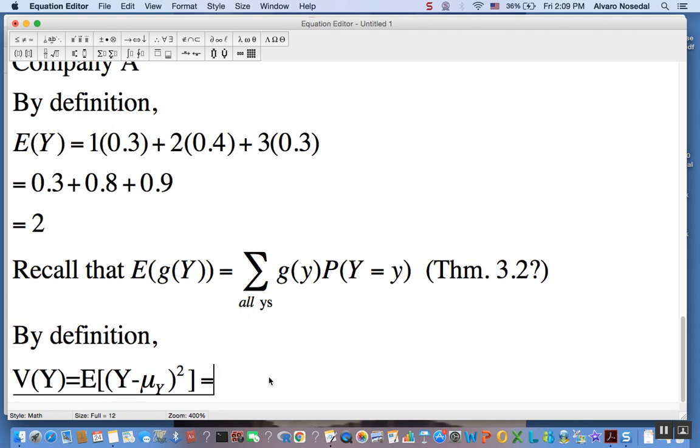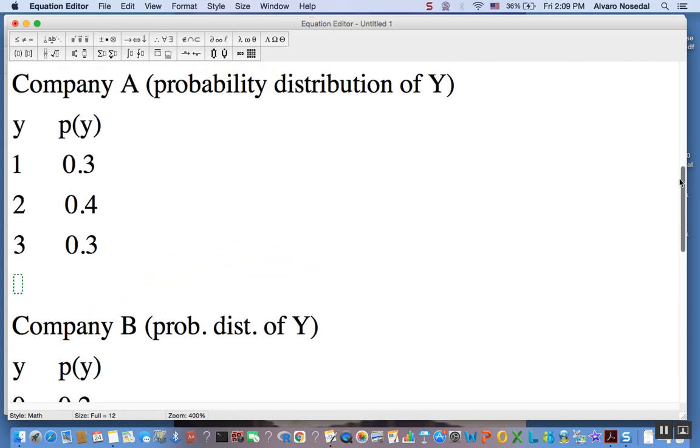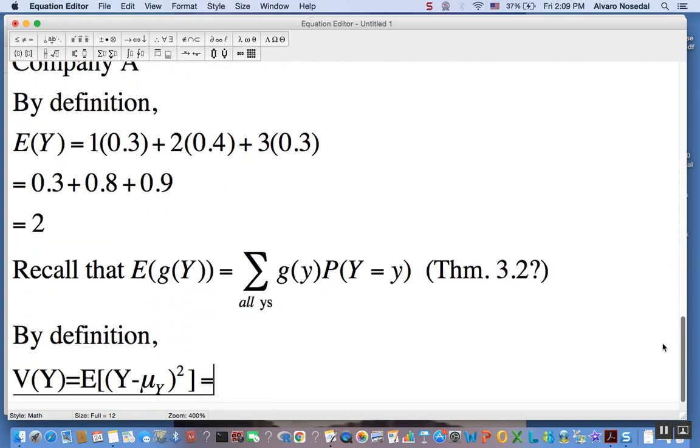Anyway, so using this, what we need to do is the following. Compute the transformation, right? So in this case, the first value for y would be 1. You guys agree? We have only 3 possible values, 1, 2, and 3. Okay, so here we go. Compute the transformation for that value.